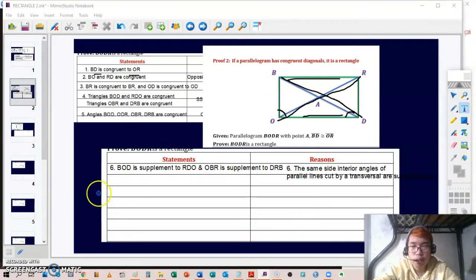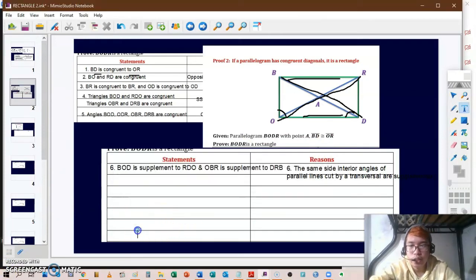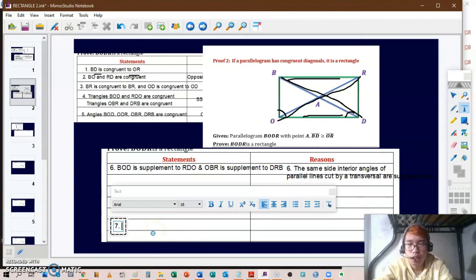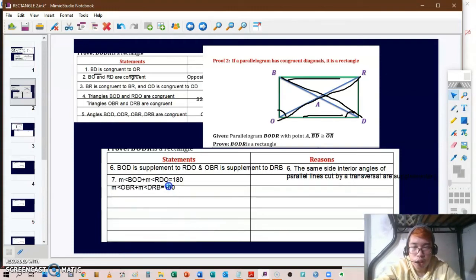For our 7th statement, we can write here that the measure of angle BOD plus the measure of angle RDO is equal to 180 degrees, and we can also say that the measure of angle OBR plus the measure of angle DRB is also equal to 180 degrees, since we've already established that they are supplementary angles in the 6th statement.